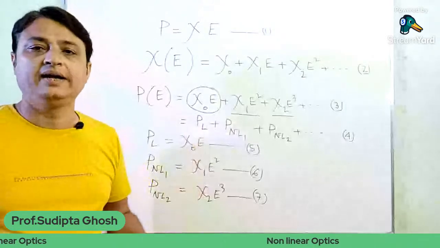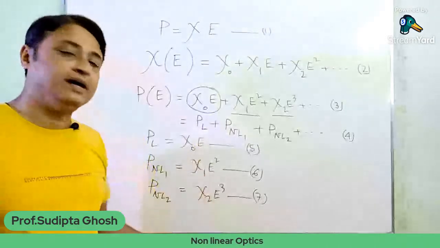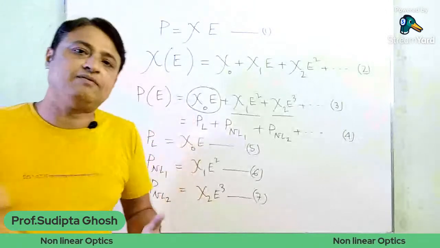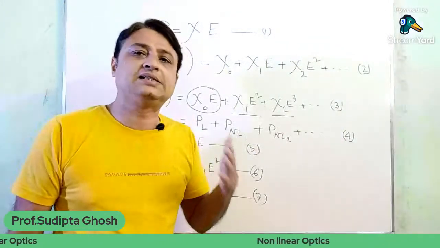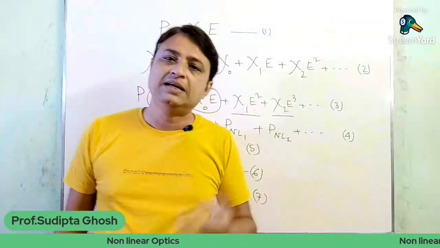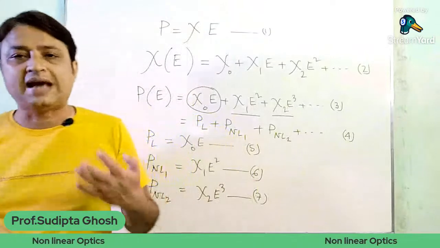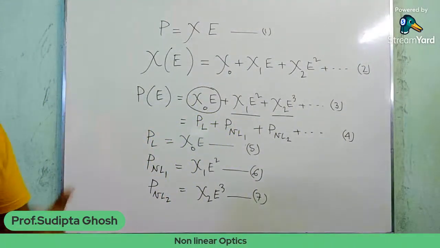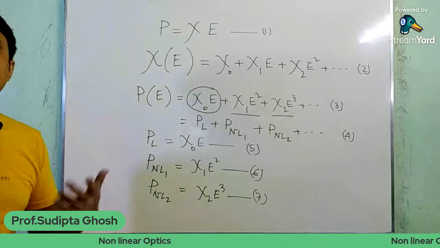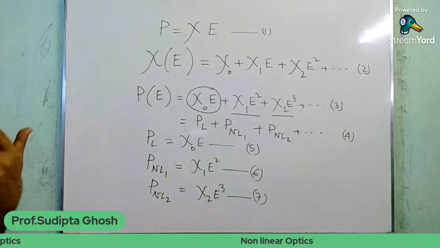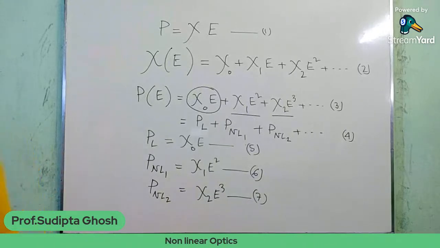And thirdly, due to equation number 7, the second order non-linear effect. So whenever a highly intense laser beam interacts with a dielectric material, three observations can be there: the linear, the first order non-linear, and lastly the second order non-linear effects. Okay?